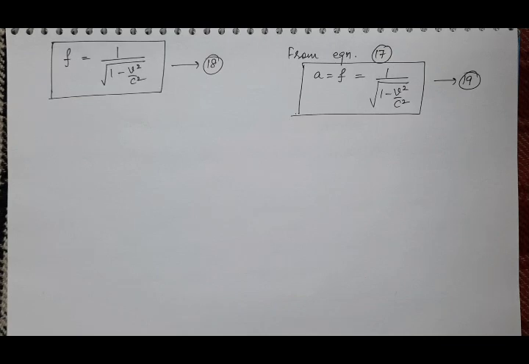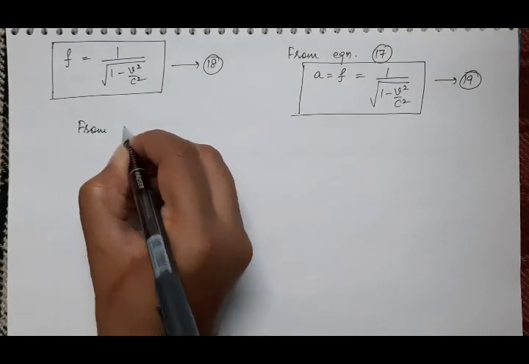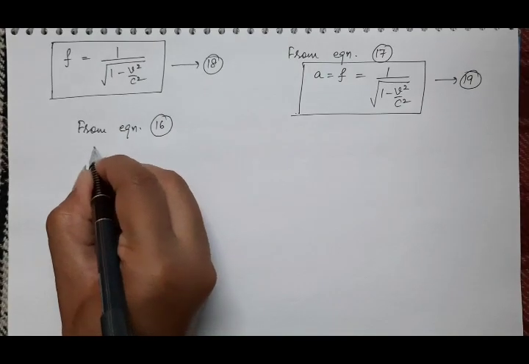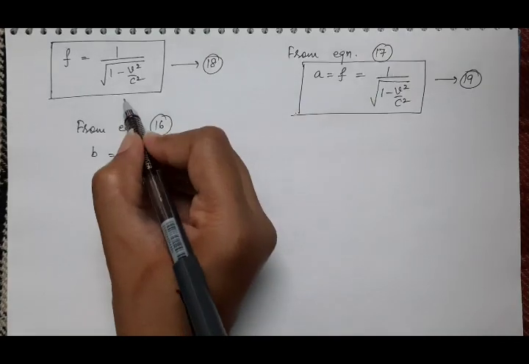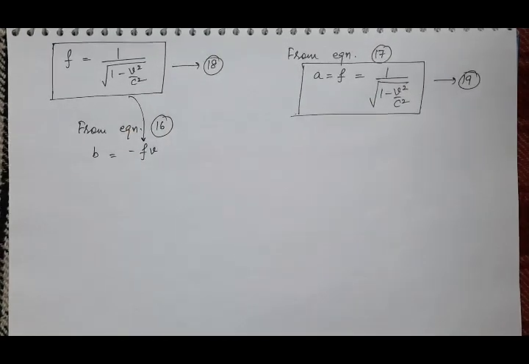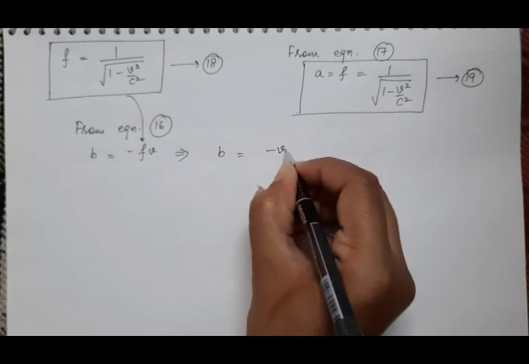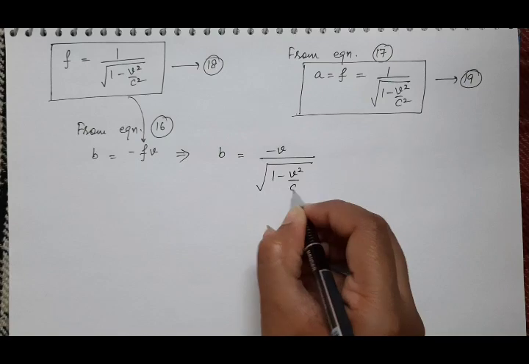Now if we have the value of F, we can find the value of B from equation 16th. We have the value of B is equal to minus FV. Now put this value of F here, and what will be the value of B? B will be equal to minus V upon root 1 minus V square by C square.